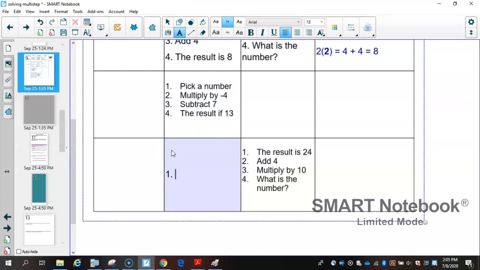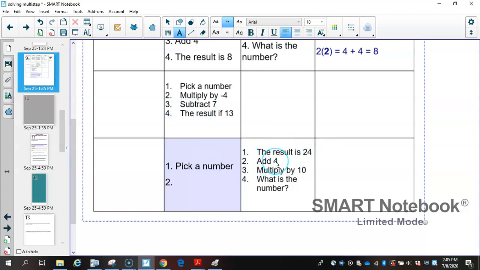Right. So even though I don't know what my equation is, I know the first step is still pick a number. Now this is where it gets a little tricky, because now I'm using my answers to work backwards. I know that the very last thing in my steps is going to be the result is 24.